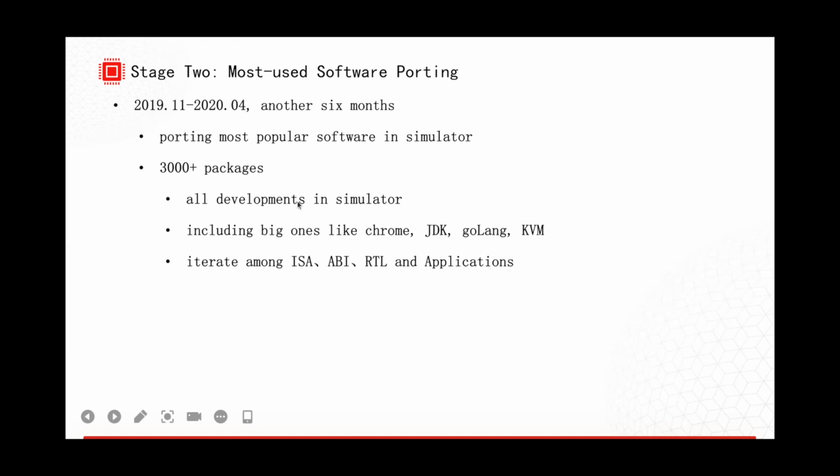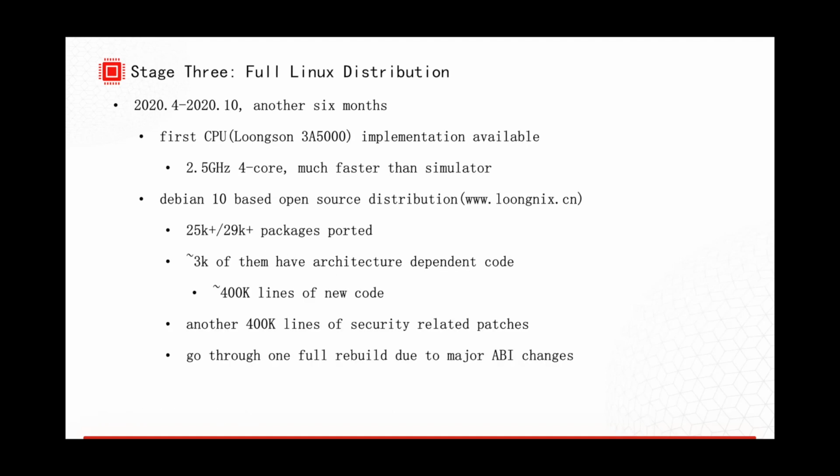All these components were developed in the simulator. So we used a lot of machines to build things in parallel. And a lot of iteration was done between the instruction set itself, the application binary interface, the RTL design, and the applications. Then comes stage 3.